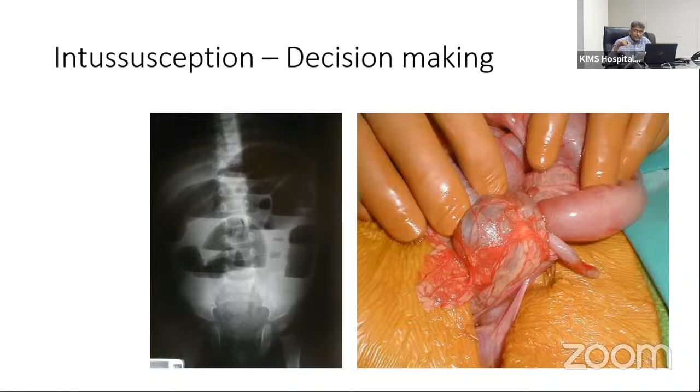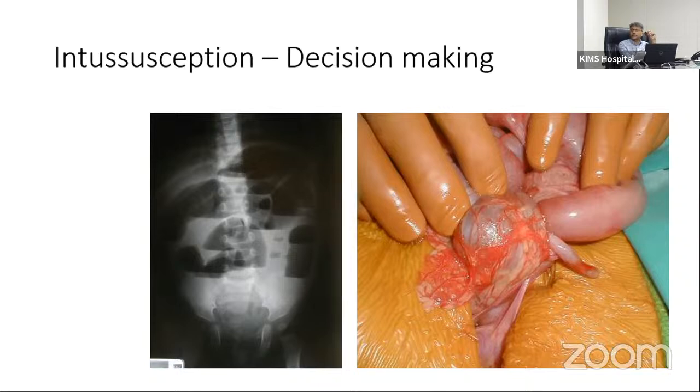That's why the laparoscopy option is usually avoided in a case of intestinal obstruction, because we can't create so much pneumoperitoneum. And beyond some limit, if I try to give more pneumoperitoneum, I may face intra-abdominal hypertension problems.